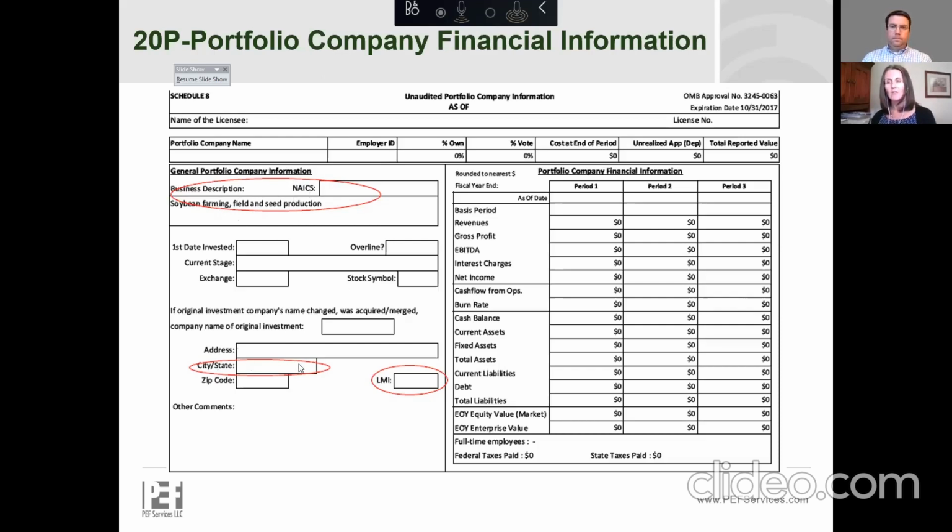And then down here is the geographic information. So where the portfolio company is located, city and state. And this will indicate if they're in an LMI zone or not. And then again, the ownership percentage is repeated on this form. This is basically the same information that's on the 11P. The schedule of investments is carried forward to the 20P as well.